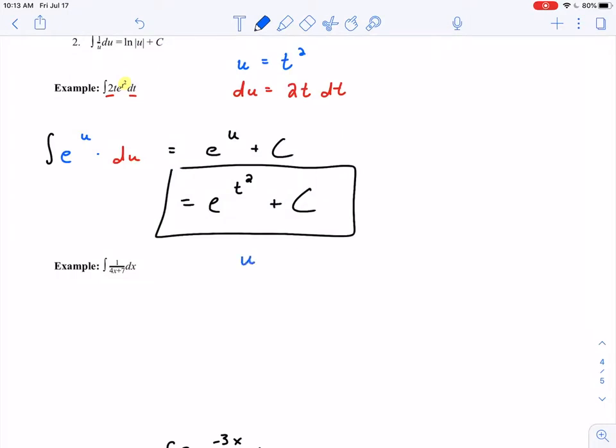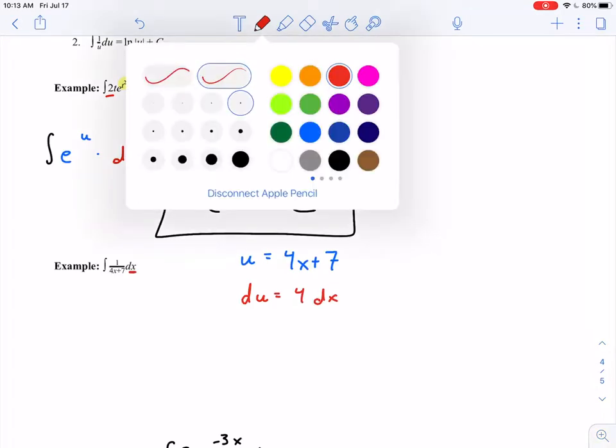Now there's no parentheses here, but that 4x plus 7 sticks out at me as being the most, quote, complicated part of the problem. So I'm going to take out that 4x plus 7 and I will replace that with u. Du then is 4 times dx. So I say, okay, here's my dx, but I don't have that 4.